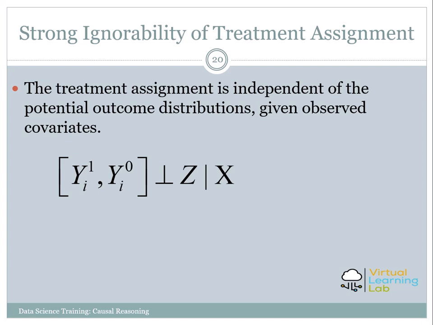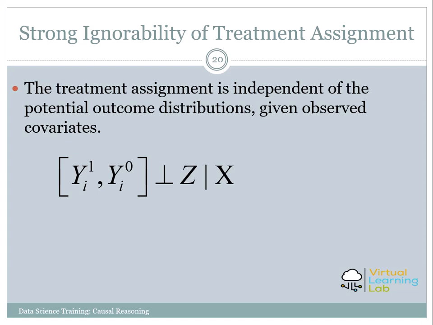The treatment and control groups would be completely the same, right? And the treatment and control groups are exchangeable, so it doesn't matter which one you would select.